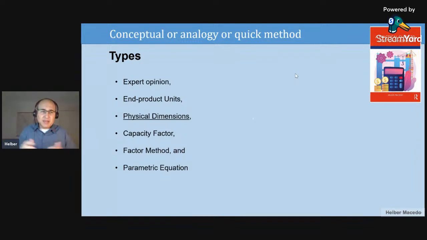So suppose again that the total cost of my equipment is 10 and my factor is 10. So I multiply my total cost for the equipment, 10, by the factor 10, and I will get my total cost for the process plant, in this case 100. And the last technique is the parametric equation.